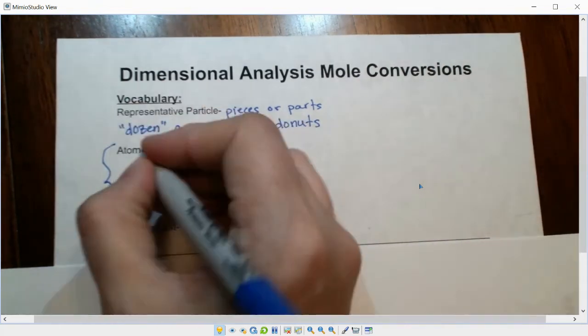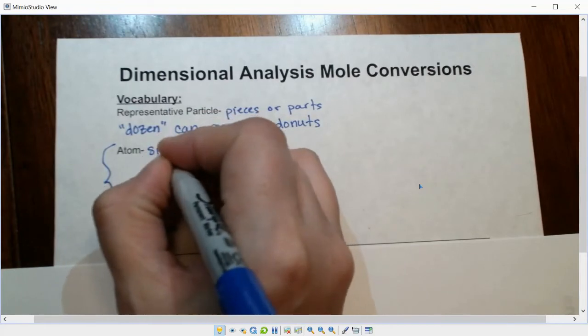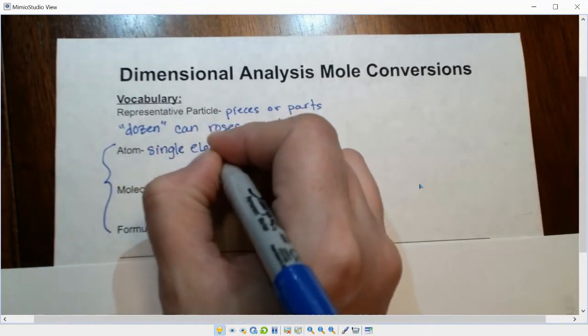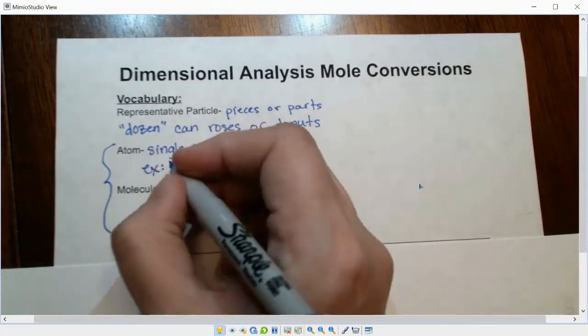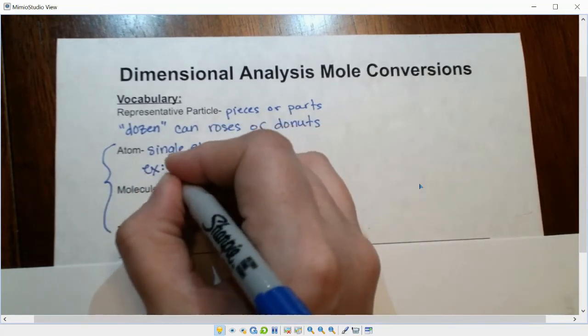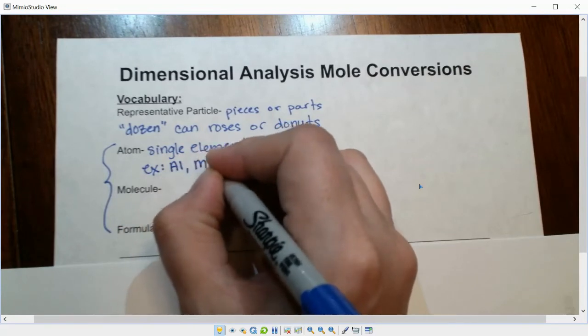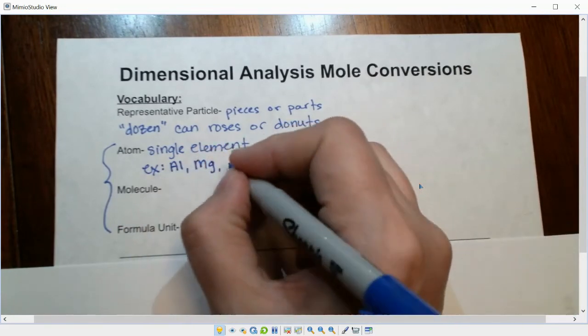An atom, easy. This talks about just a single element. And so a couple examples, anything straight off the periodic table, like aluminum, or maybe magnesium, or potentially sulfur.